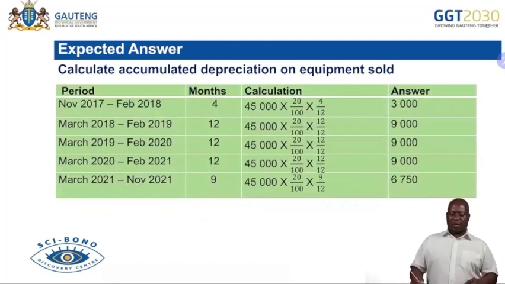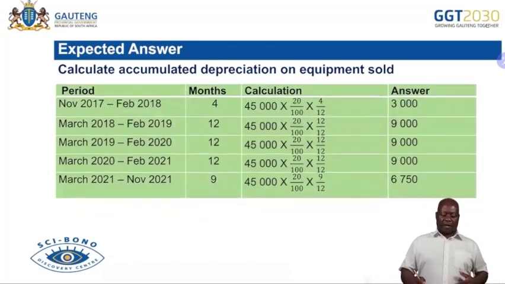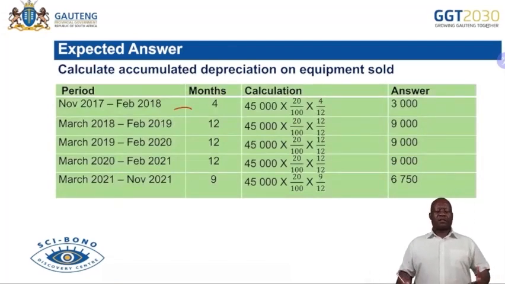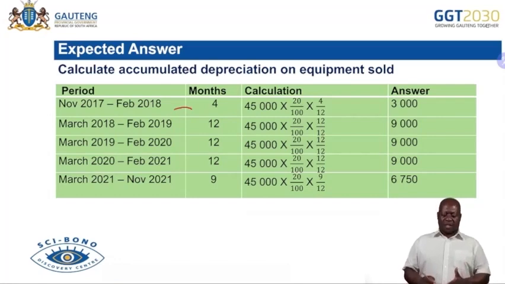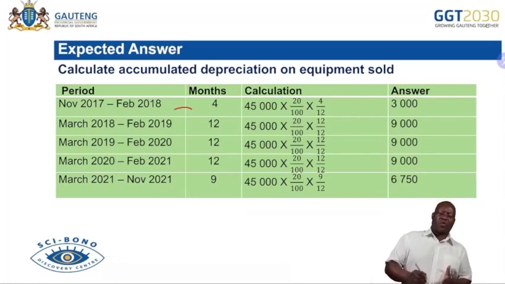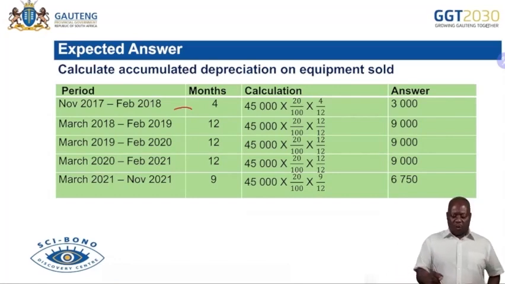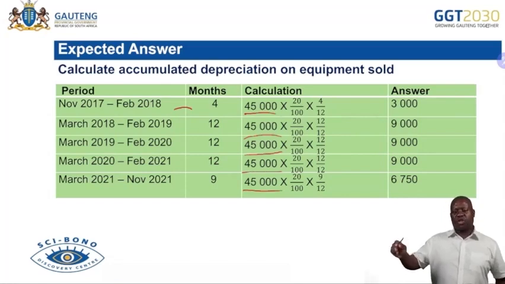So from 1 November 2017 up to the end of February, the first line, these were 4 months. When we calculate depreciation, it's 45,000 times 20% times 4/12, because we are using the cost price method. So we are always interested in the cost price, and the cost price is never going to change.